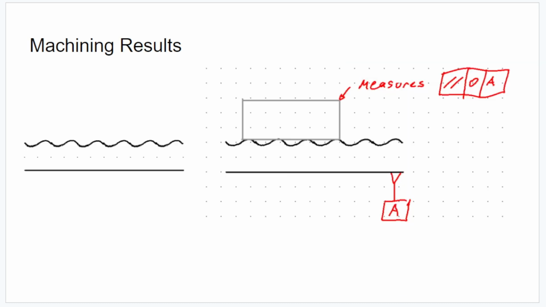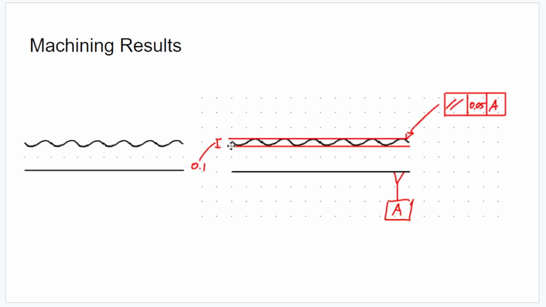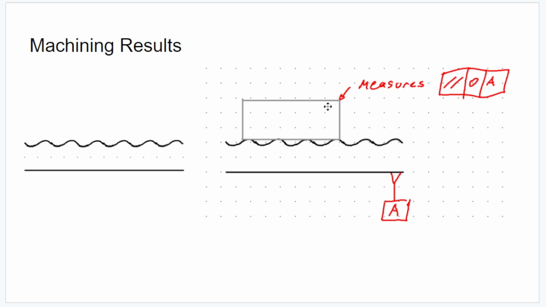So it's possible that you might have a piece that sits on the surface and actually bridges this waviness. So although the actual surface measures 0.1 millimeters of parallelism to the datum, if you measured the parallelism of this top face of this piece relative to the datum, you might end up with it being perfectly parallel.